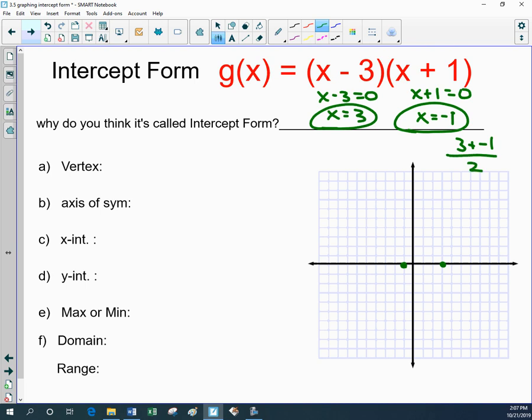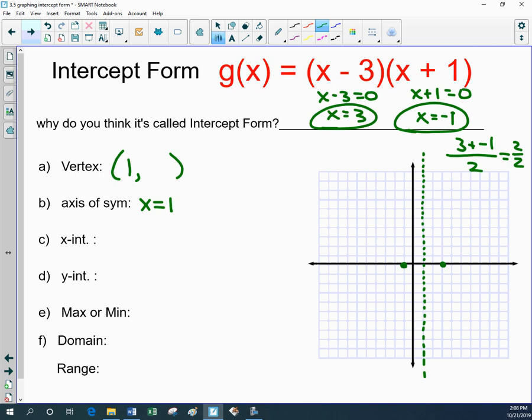So we have 3 plus -1 divided by 2, so that'd be 2 divided by 2, which is 1. Okay, so the axis of symmetry is right here, halfway between them. So the axis of symmetry is x equals 1, which also tells us the x-coordinate of the vertex. So the x-coordinate of the vertex is going to be +1 as well.